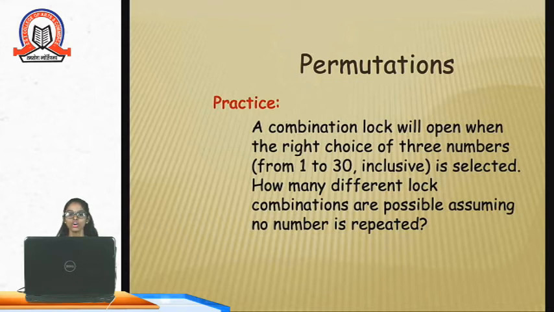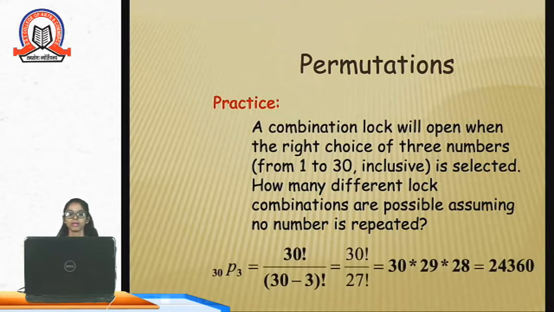Total numbers are 30, so n value is 30, and we choose the right choice of 3 numbers, that is r value is 3. Put in the formula: 30 factorial divided by (30 minus 3) factorial, we get 27 factorial. Calculate it, you get the answer 24,360. It means there are 24,360 possible outcomes.